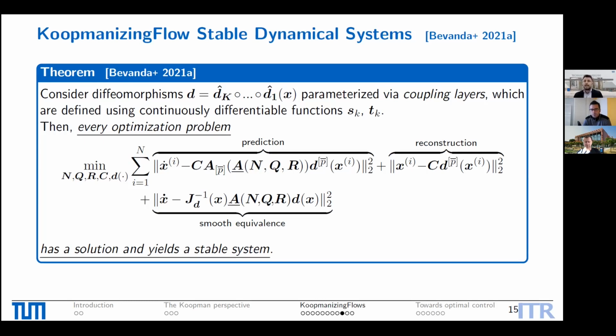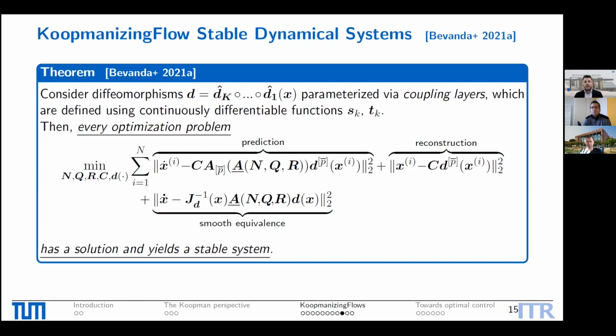This is quite nice because we might have data from just one part of the state space, and we have stability guarantees basically everywhere. In places of the state space where we have never seen any data, we are still guaranteed to be stable.